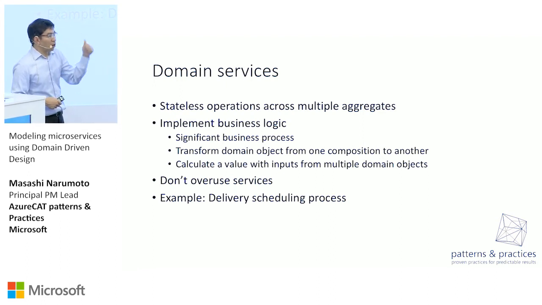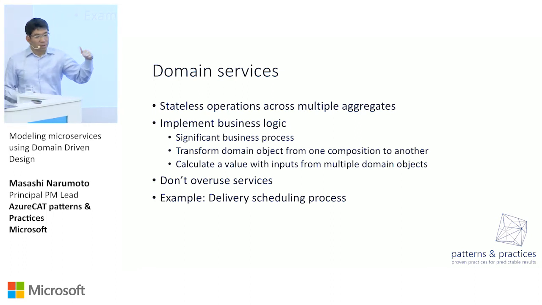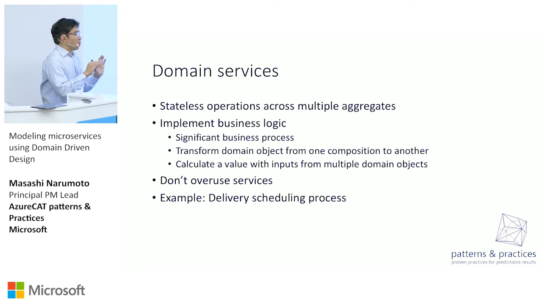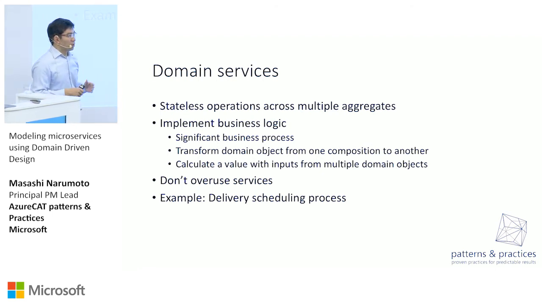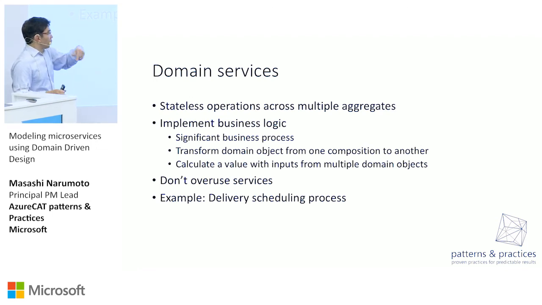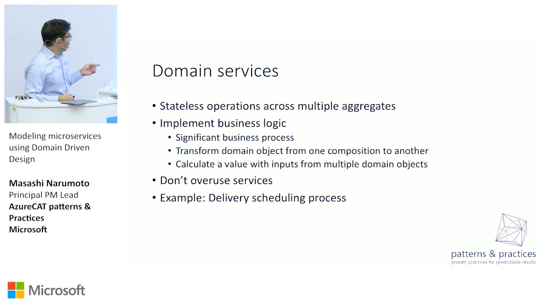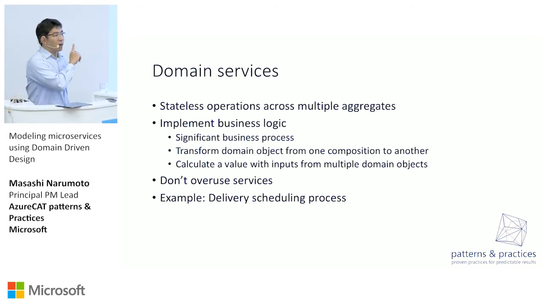That's a good example of a domain service. Some sort of workflow or business logic that cannot belong to one aggregate will become a domain service. An example of a domain service is the delivery scheduling process, one of the workflows we implemented.